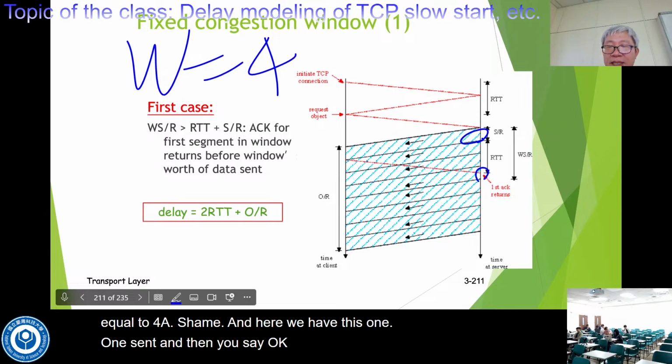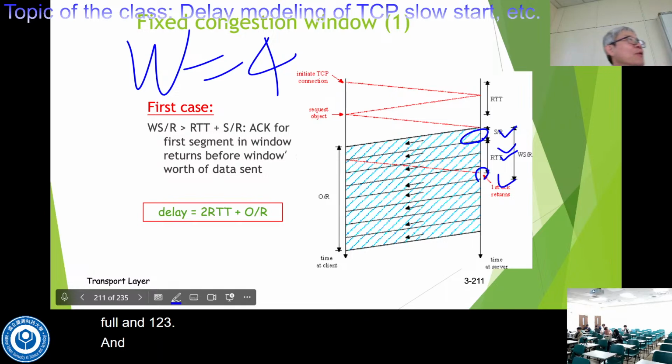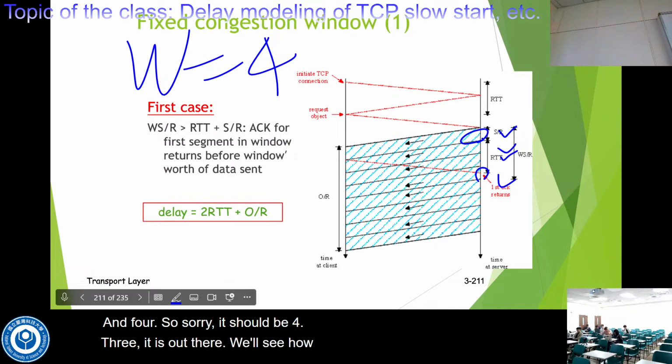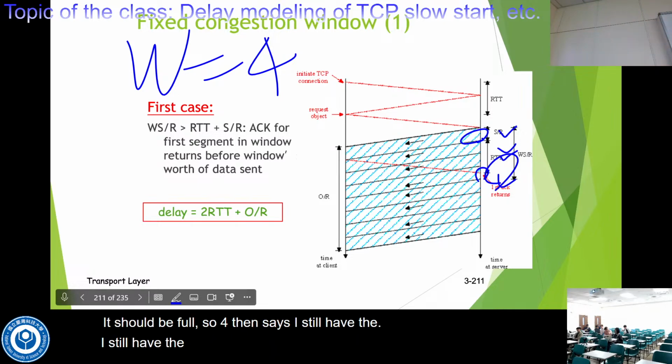So I can continue. So we can have 1, 2, 3, and 4. Sorry, it should be 4. Yeah. So 4 then says I still have the possible segment here, so I can send.